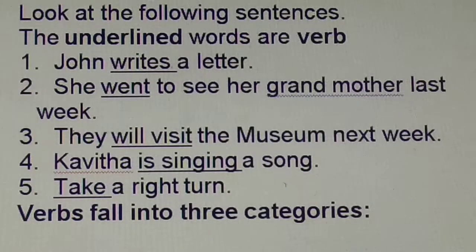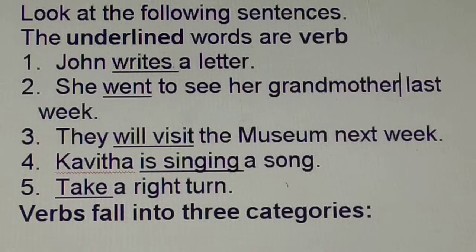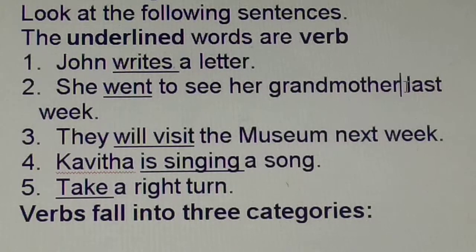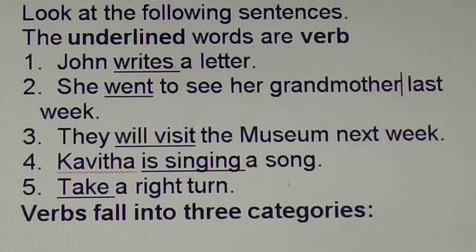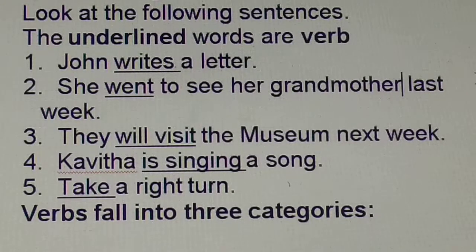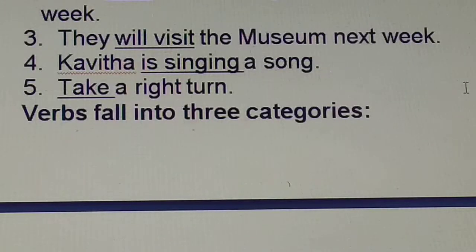She went to see her grandmother last week. They will visit the museum next week. Kavita is singing a song. So what is Kavita doing? She's singing a song. That denotes an action. Take a right turn. Take is an action.